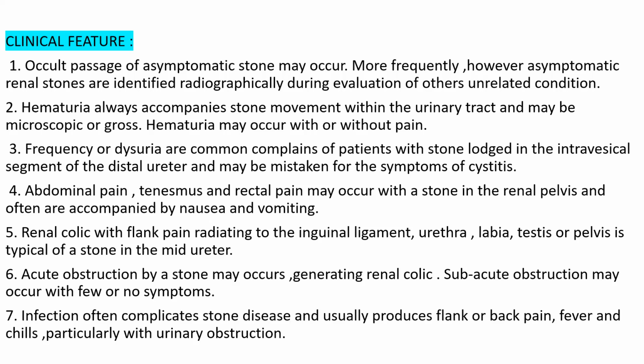Why is it hidden? Because the stone that was present was asymptomatic, you cannot feel or see it. That is why that type of feature can also be seen. So are you clear with this point? If not, I'll explain again. Occult passage of asymptomatic stone may occur.